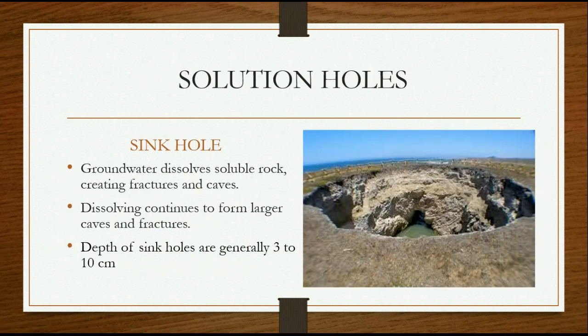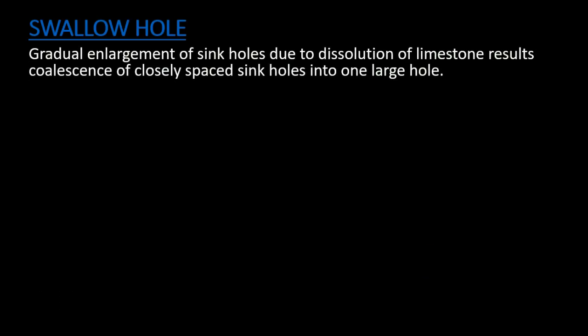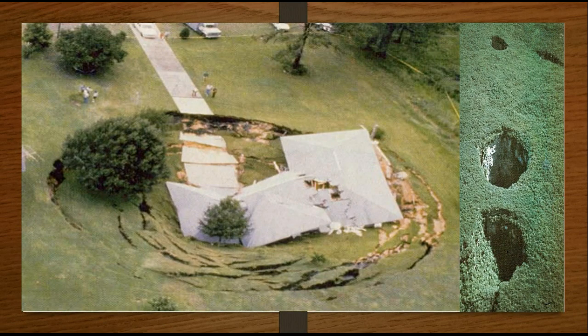The next landform type is the sinkhole. When groundwater dissolves the soluble rock, it creates a fracture or cave-like structure. A solution hole is a pretty small hole, about 3 to 10 centimeters.